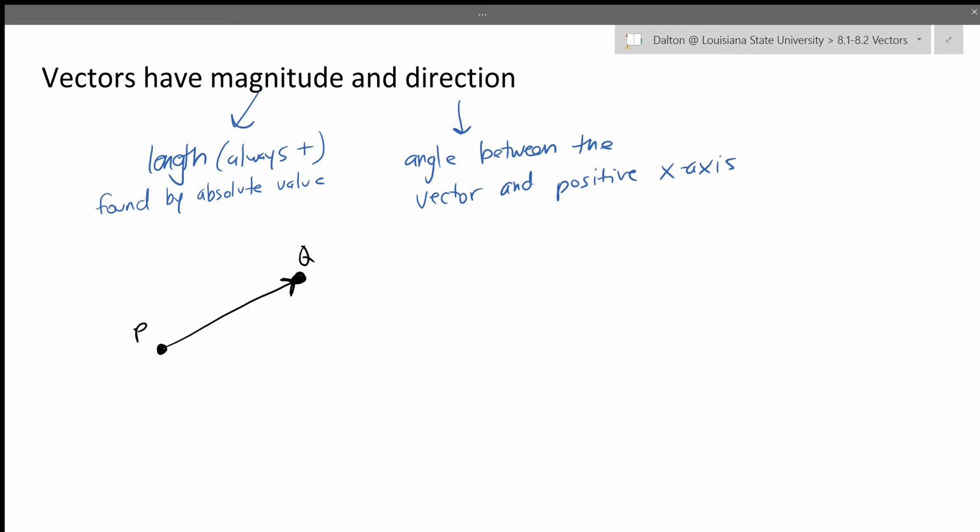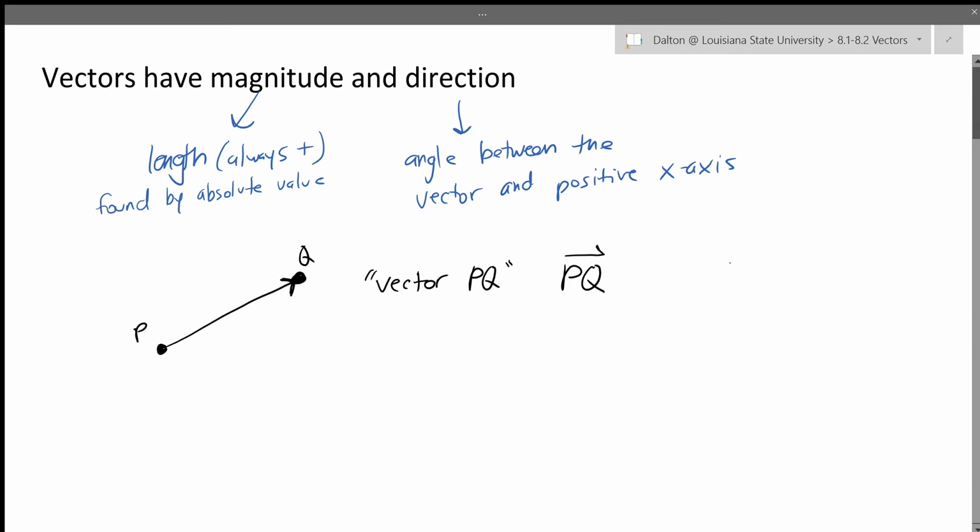Sometimes you could call it by those 2 points. We can call this vector PQ, which would look like this, PQ. The vector symbol is kind of like a line symbol, except we're only going to do the top part of the arrow.